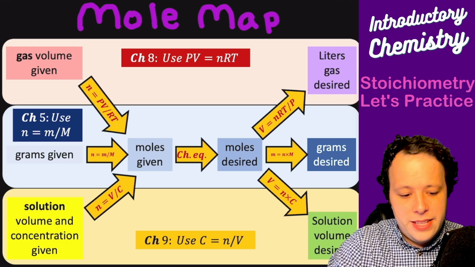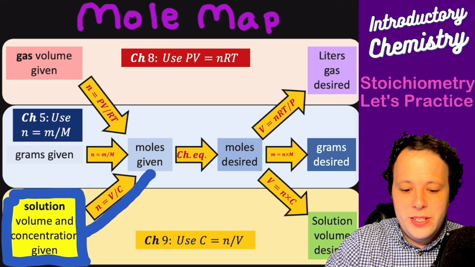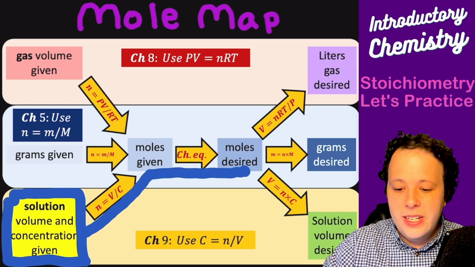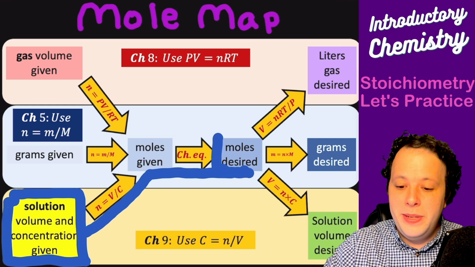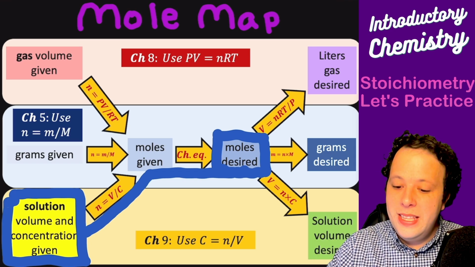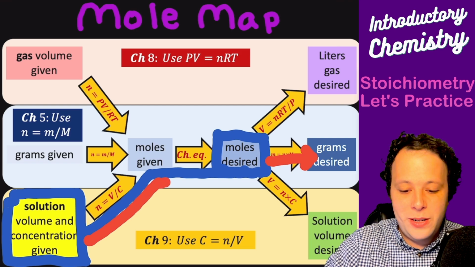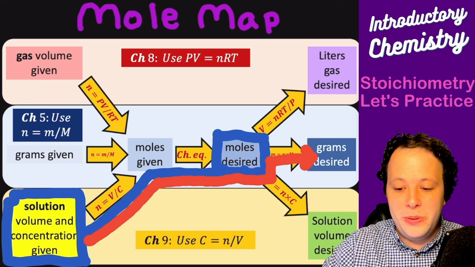We started at the solution level. So we started down here. And what we did is we converted to moles desired. We figured out what was our limiting reagent right at the moles desired. And then once we did that, we went to the grams desired. So both of these compounds kind of went together. Let's say we had blue and red.